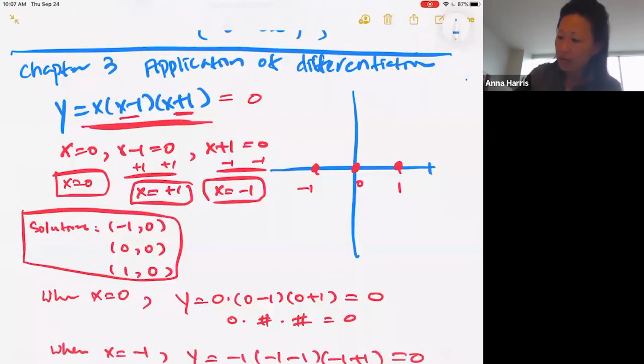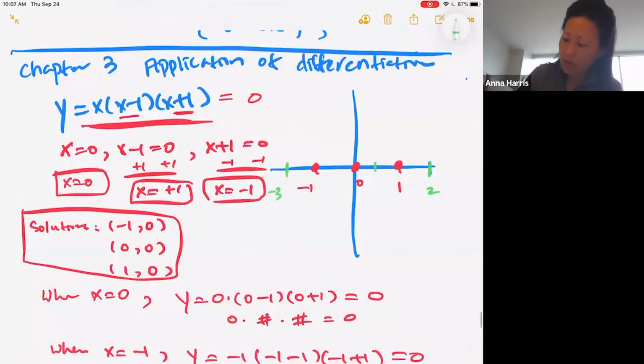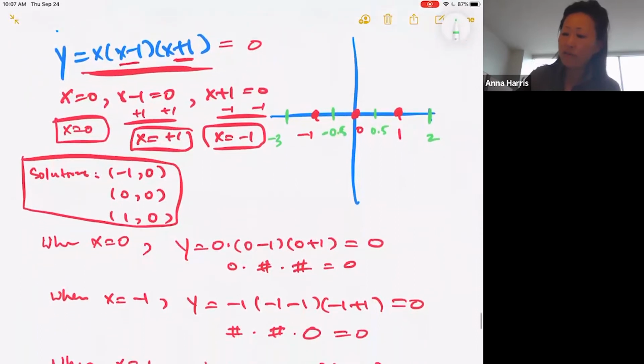Let me use a different color. I would like to know what happened at 2, at 3, maybe at 0.5, and also at negative 0.5. I want to evaluate those 4 different values.